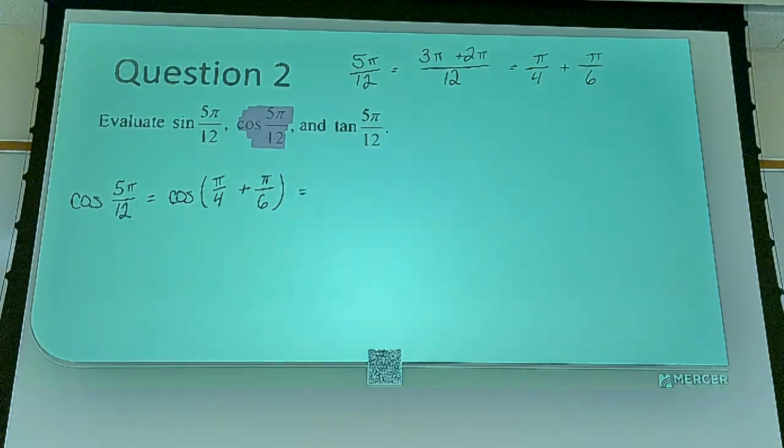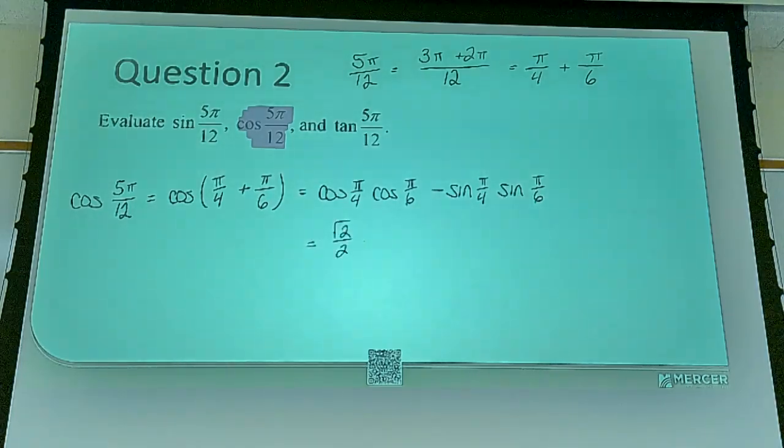Right, some identity for cosine. Cosine pi over 4 times cosine pi over 6 minus sine pi over 4 times sine pi over 6. Right, we already did all these values, right?